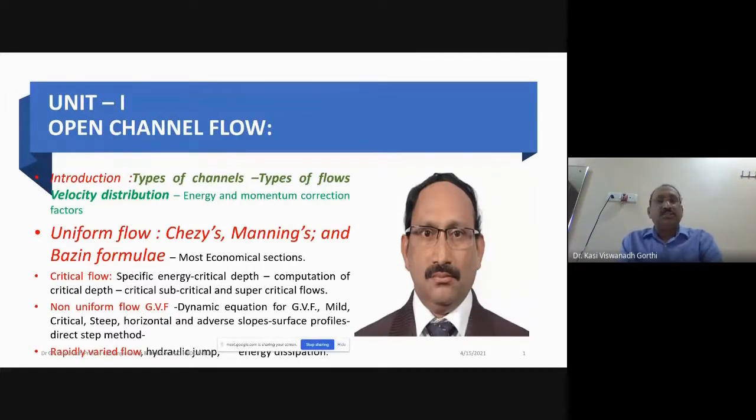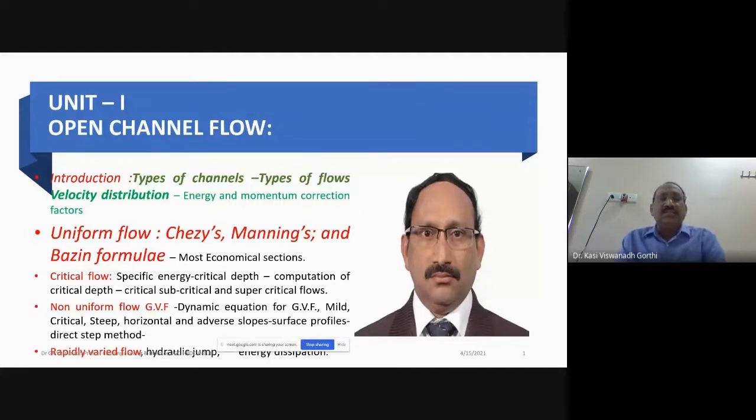In the velocity distribution, we have seen that just like pipe flow, in open channel flow also there would be a different velocity distribution in view of the resistance being offered to the flow, not only from the boundaries and bed of the channel, but also from the overlying atmosphere. So this results in a non-uniform velocity distribution at a given section in an open channel.